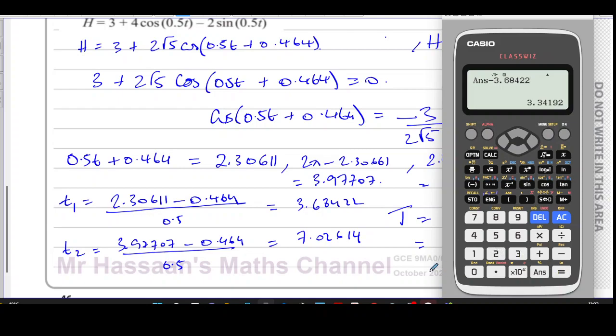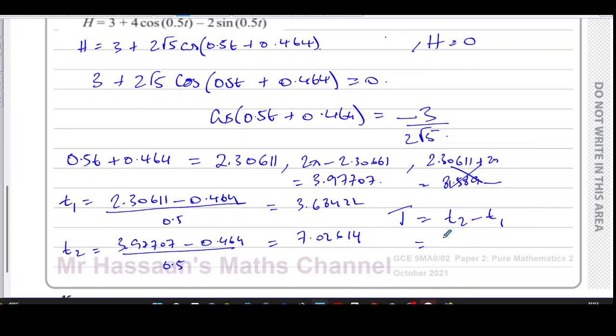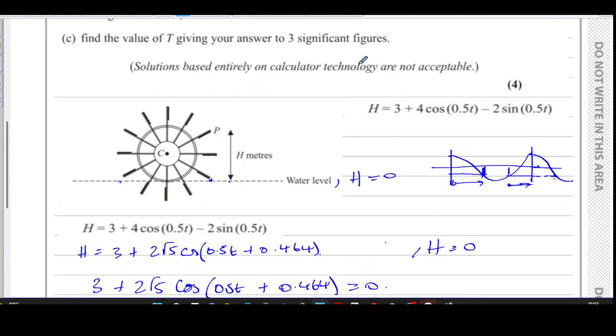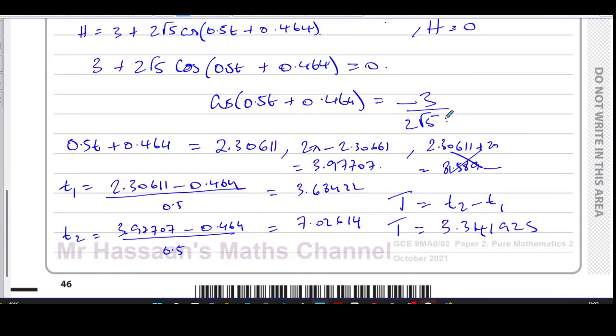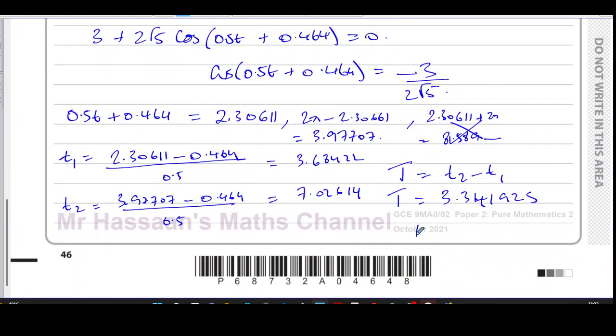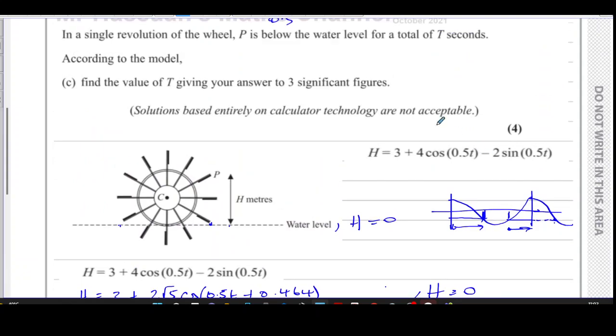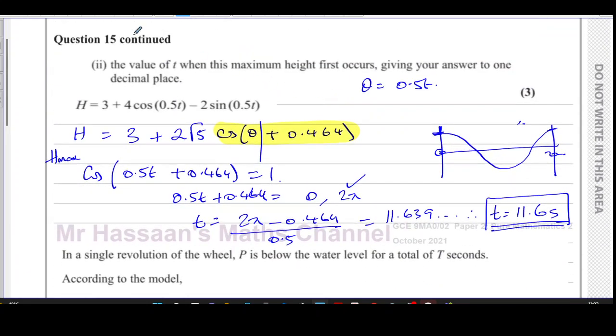And that gives us the time, which is 3.34192 seconds. And they want us to give the time to 3 significant figures. So that'll be 3.34, so the time is 3.34 seconds. So there's the answer for part C.